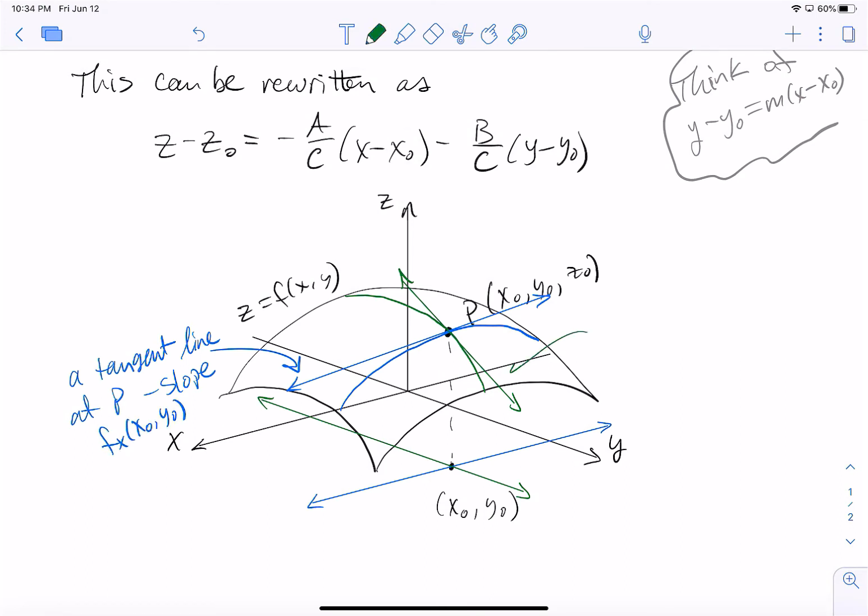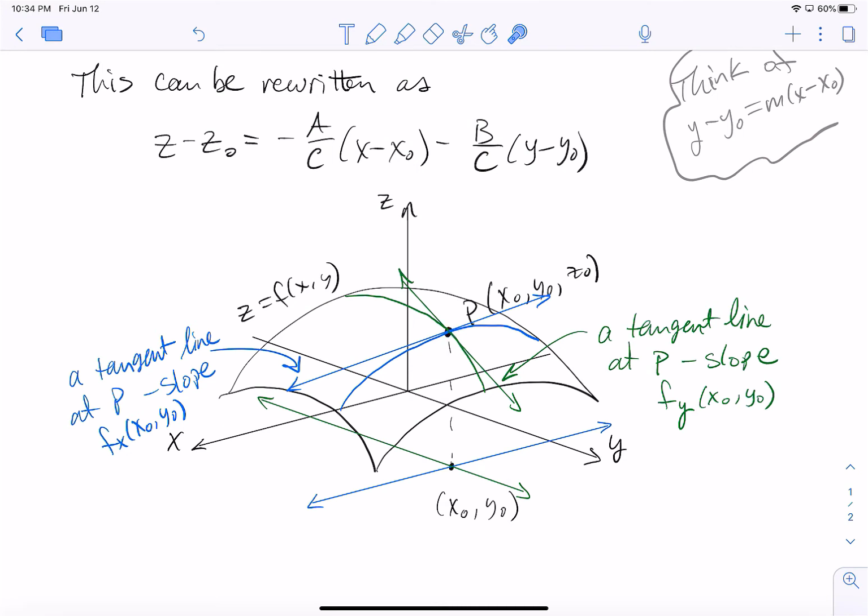Likewise, for the green line, which is another tangent line to the surface at P, its slope is the partial with respect to y at x0, y0, because it's above the line that's parallel to the y-axis, and so x is constant. Now, these are just two tangent lines at the point P on the surface.